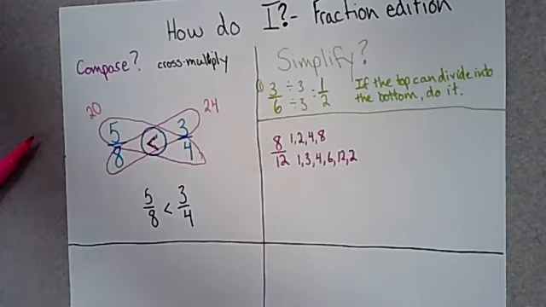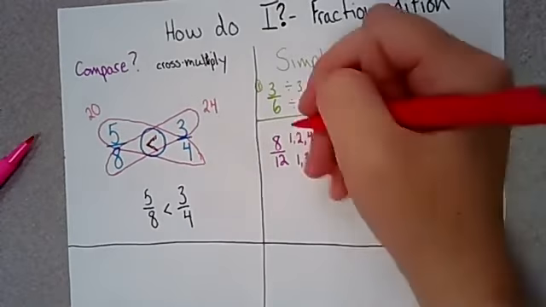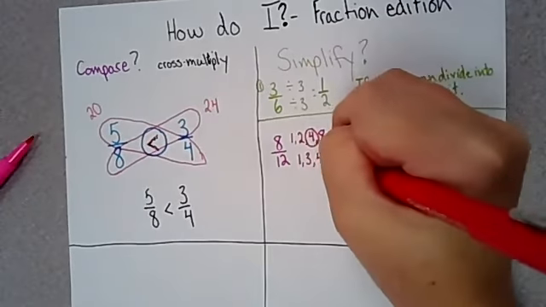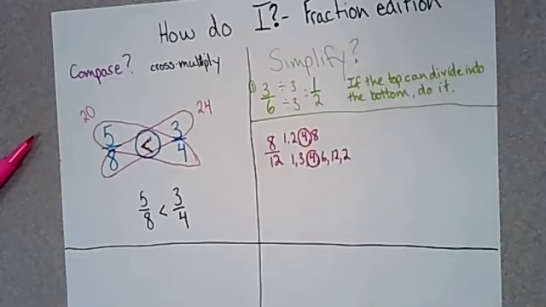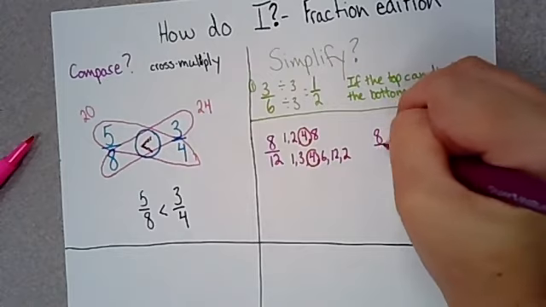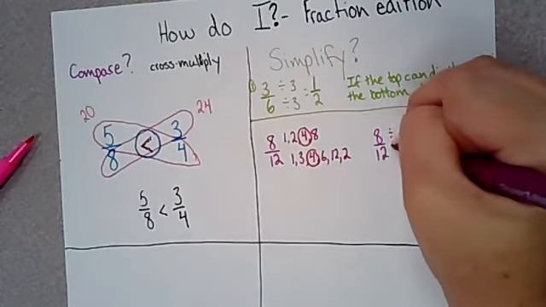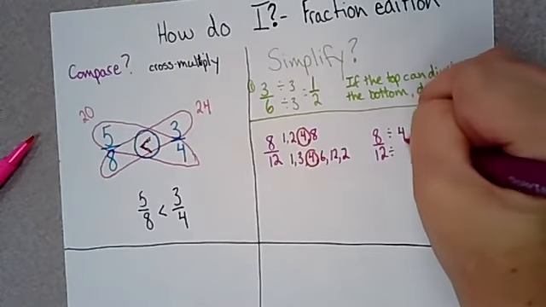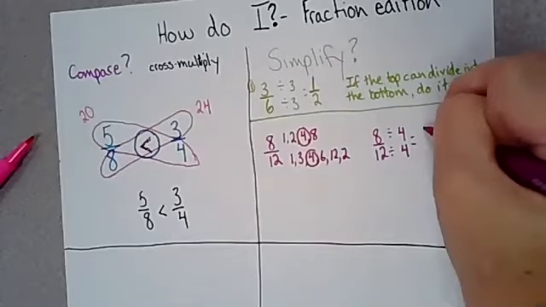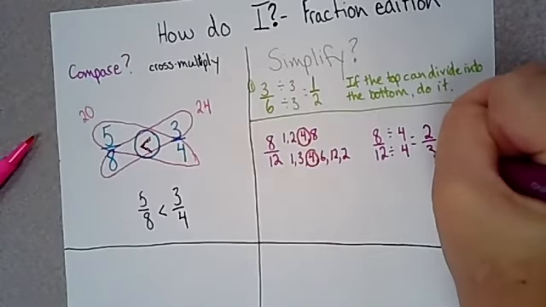Then you have to ask yourself, what is the largest number that is in both lists? Well, the largest number in both lists is 4. So that is the number that you can divide by to simplify. So if I've got 8/12, I can divide the top and the bottom by 4 to get 2/3.